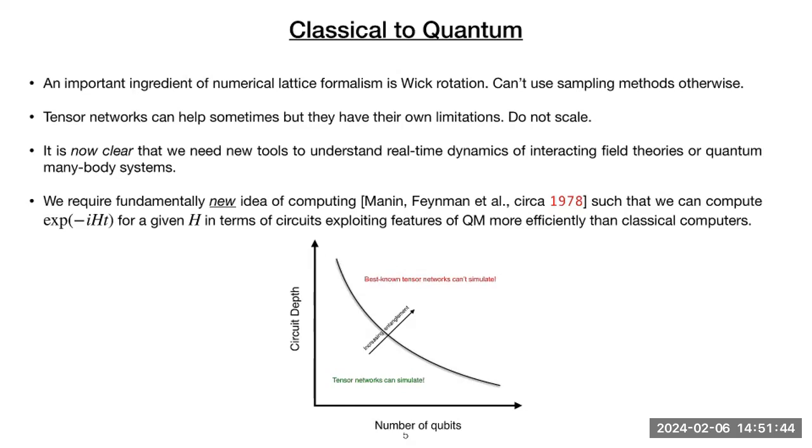If the number of qubits is small and the circuit depth is small, tensor networks can simulate, or even exact diagonalization can simulate. But as you increase the number of qubits, or the circuit depth, you cannot do tensor networks anymore, and you reach this region which has to be done using a quantum computer.